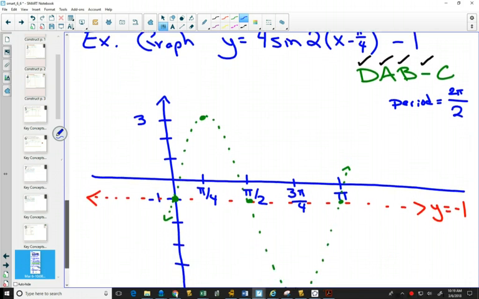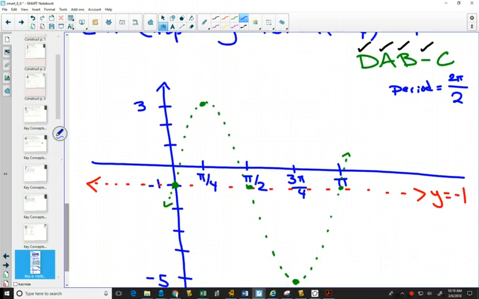The last thing we need to do is the translation. And we have minus pi over 4 inside of our function. So that would be a horizontal translation, pi over 4 to the right. So we take each of these 5 key points that we've drawn and move them pi over 4 to the right. So this one's on the center line. It's still on the center line, but move pi over 4 to the right. This one is moved pi over 4 to the right.